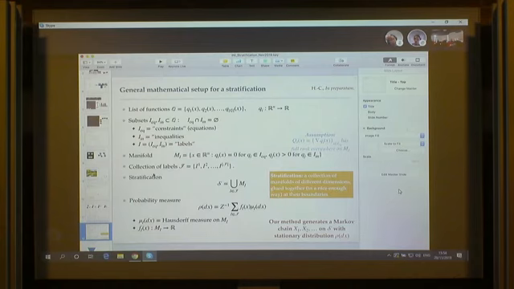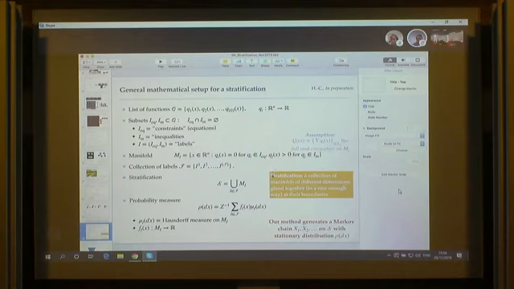To form a stratification, what we do is we look at many different kinds of labels. We look at many different possible ways to choose constraints and inequalities. And so we have a collection of labels. And then the stratification is formed from the union of all of the manifolds defined from each of the labels.